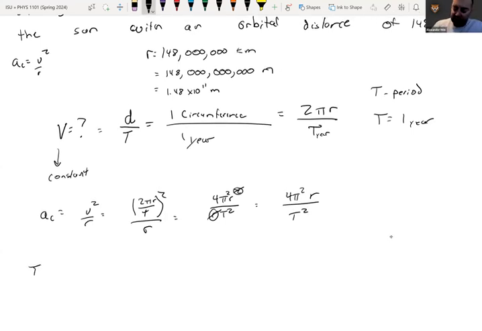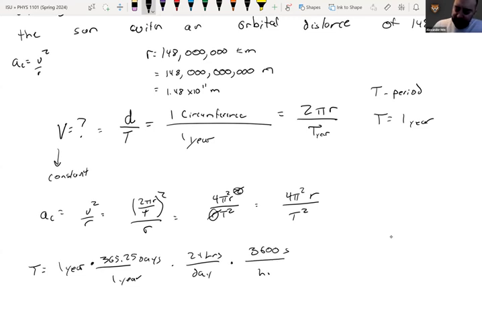Now, T equals 1 year. You could do 1 year, multiply by 365.25 days per year, then multiply by 24 hours per day, and then by 3,600 seconds per hour.